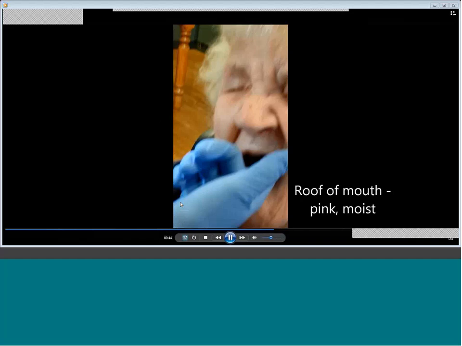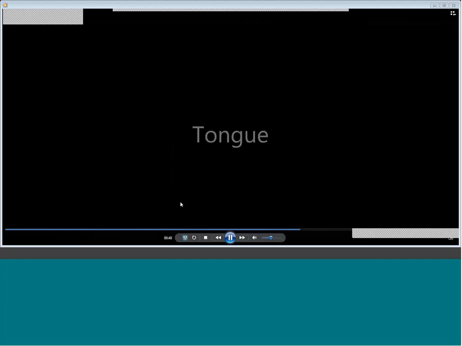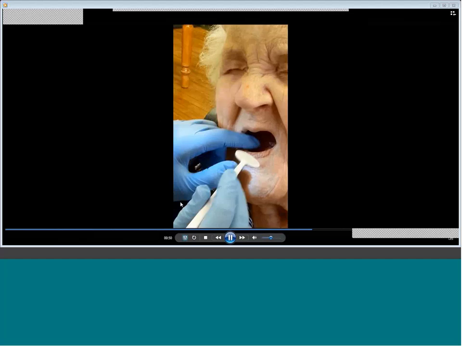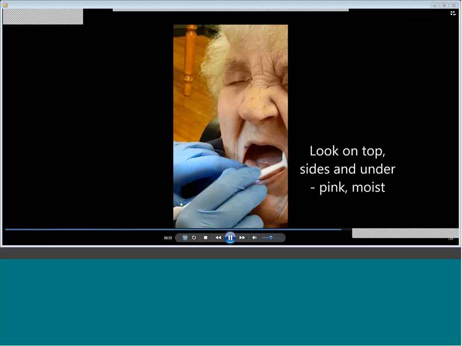Looking at the roof of the mouth, feeling it for any lumps and bumps, and also taking a look for any difference. And the tongue, both on the top and underneath the tongue.